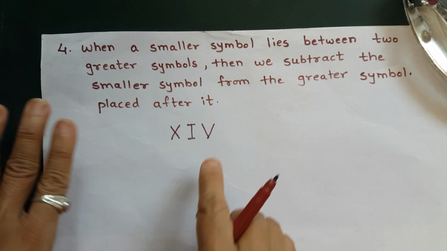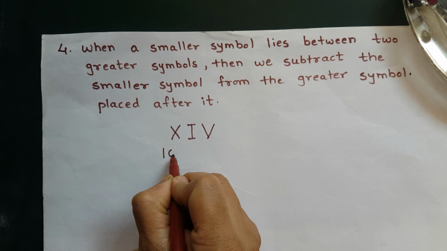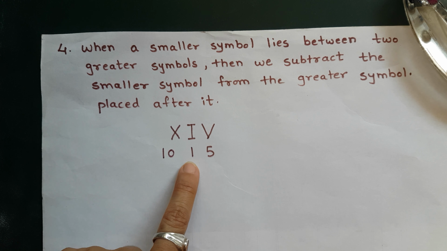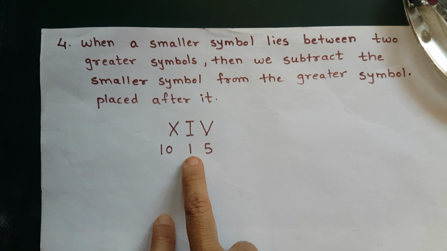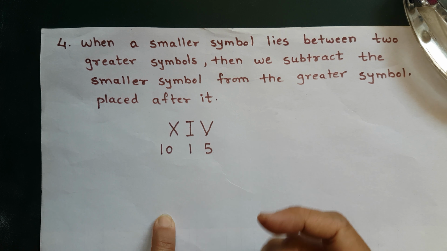When a smaller symbol, see this is a smaller symbol, I will write its value also 1 and here it is 5. When the smaller symbol lies between two greater symbols, now what to do? Our rule says that then we subtract the smaller symbol from the greater symbol after it.